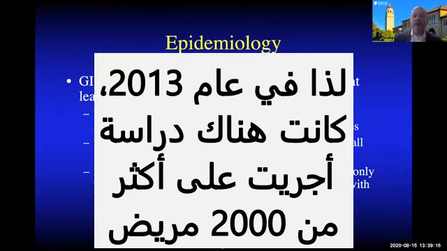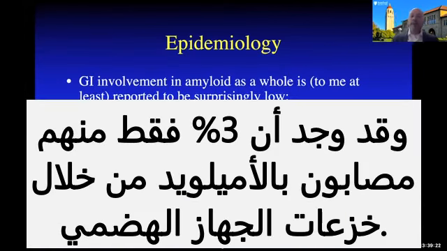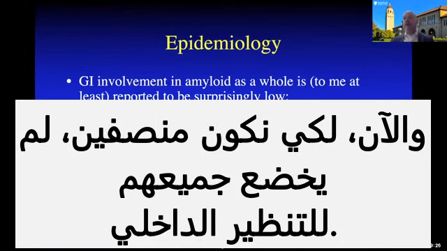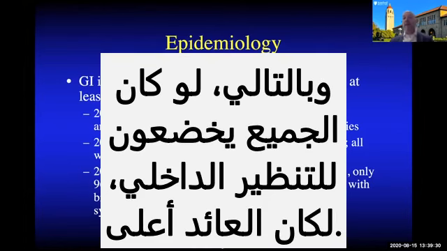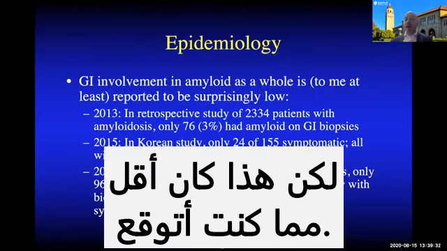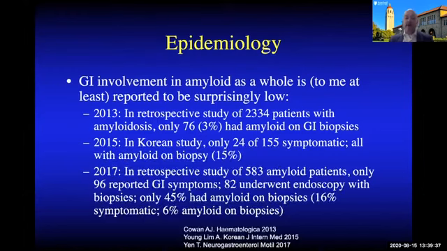In 2013, there was one study that looked at over 2,000 patients, and only 3% of them were found to have amyloid with GI biopsies. Now, to be fair, not all of them underwent endoscopy, and if everyone was getting endoscopy, the yield may have been higher. But this was still lower than I would have thought.